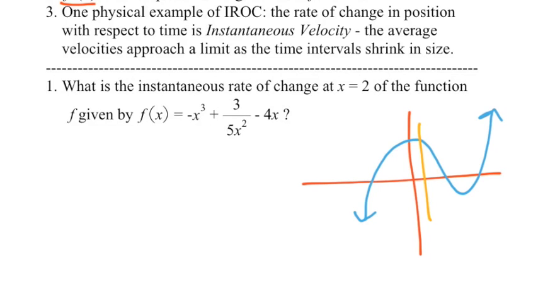Eventually, that limit process is going to give us the average velocity of smaller and smaller time intervals. And as we bring that average velocity closer and closer together, we're going to get an instantaneous velocity, which is what it's saying there.